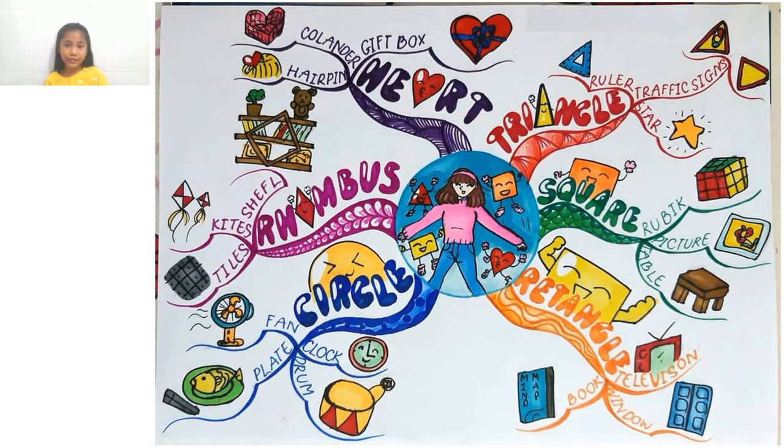Well, those are triangles. Triangles can look like a ruler, right? Like the one that you use to see if that's a real corner of a square, right? Yeah, that kind of ruler. I think that you have this one, right? Maybe? Okay, and traffic signs also have those shapes.